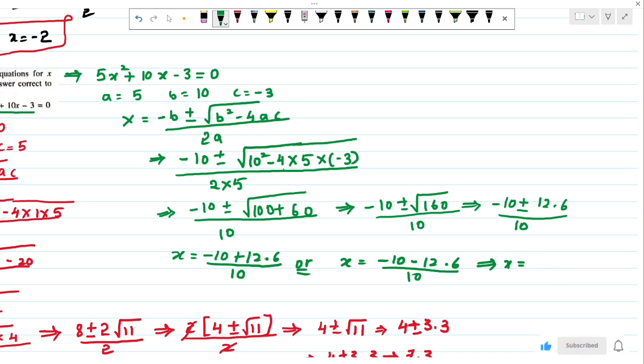So this becomes 2.6 divided by 10. So 2.6 divided by 10 is 0.26, or this value can be written as x is equals to minus 22.6 divided by 10.